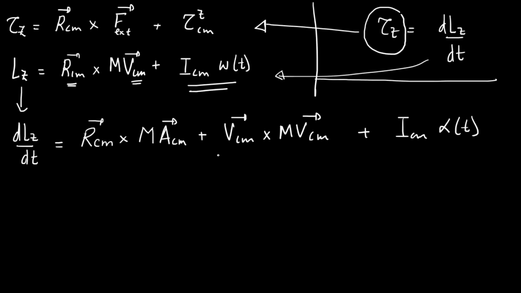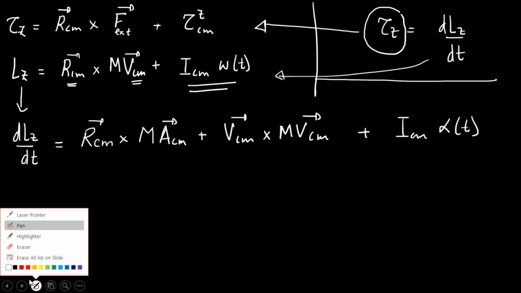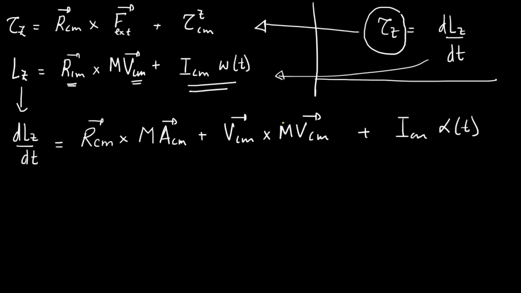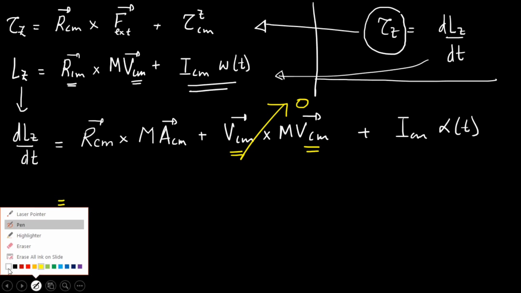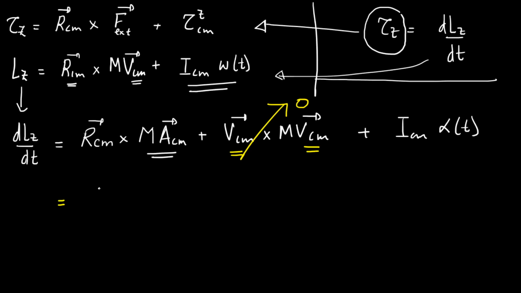And we're almost there. Here's an obvious thing. Now this cross product is 0. This is because this vector is parallel to this vector, and the cross product between two parallel vectors is 0. And here we go. This is equal to force external, says the first law that we've been studying till now.